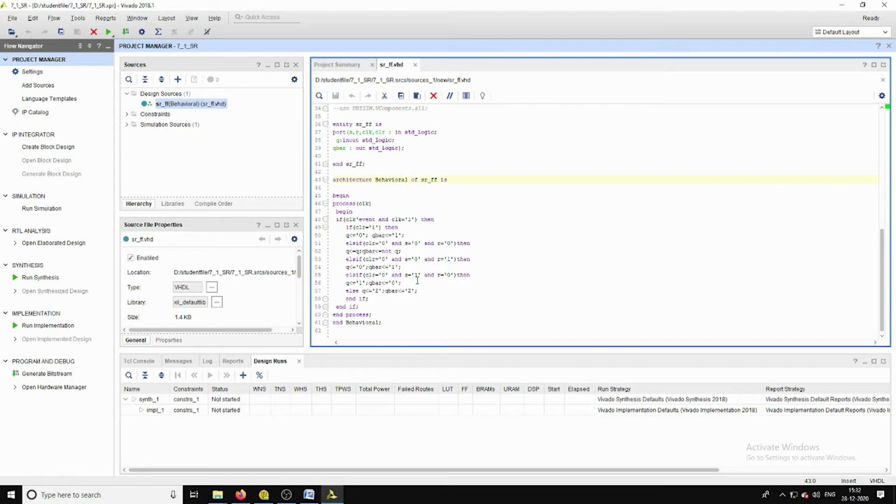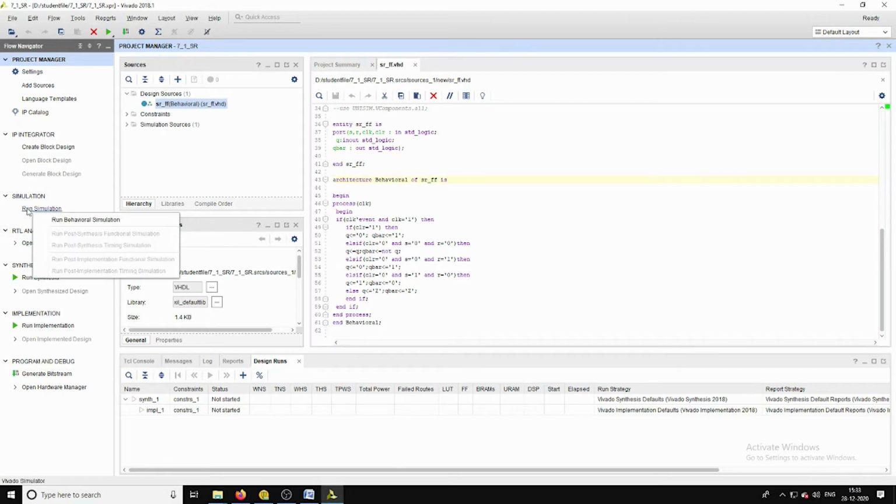When the inputs S equal to 1 and R equal to 0, then it is like set state, so that output will become 1. Otherwise, the output will be in the high impedance state, because 1 1 is considered as invalid state in the SR flip-flop.